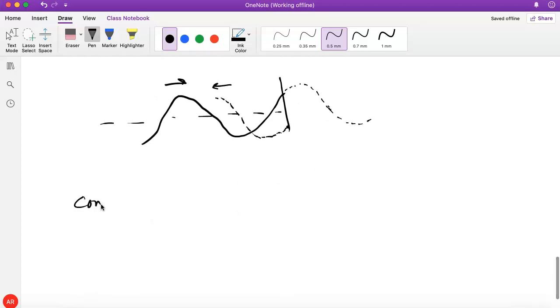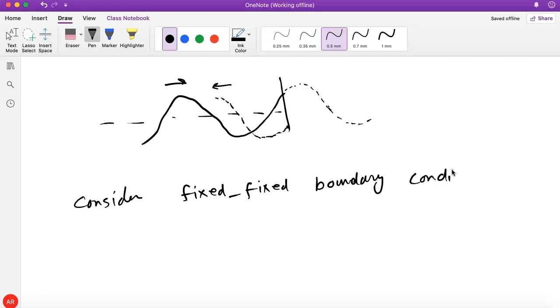So consider fixed boundary condition. So on both sides, let's say we have some fixed walls. So kind of like a guitar string that's maybe pinned at 2 ends.